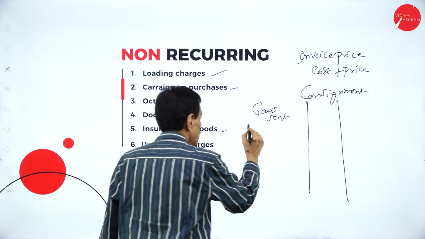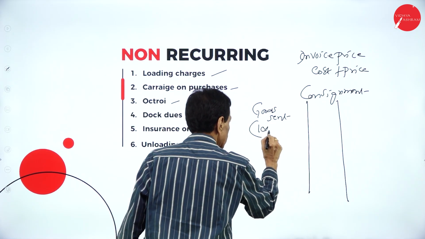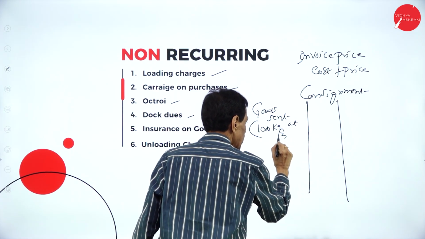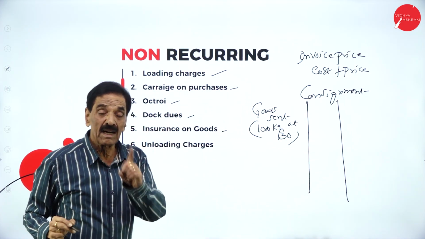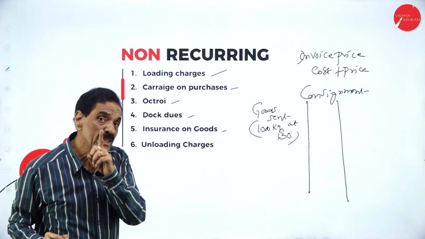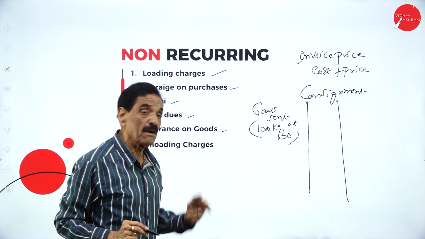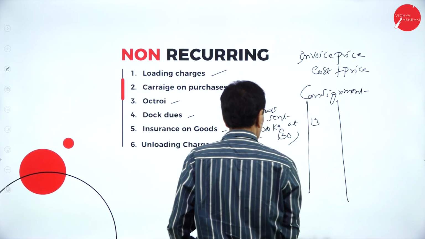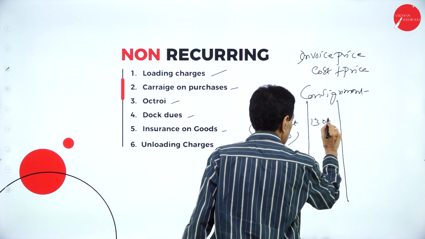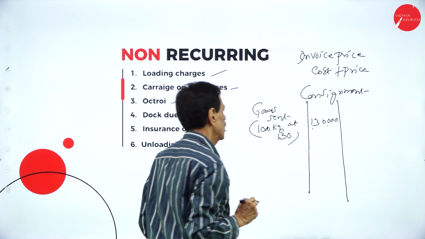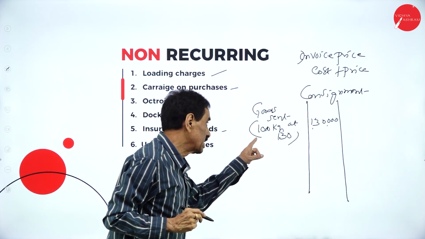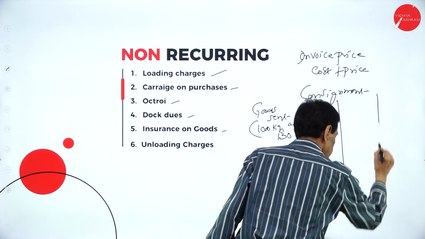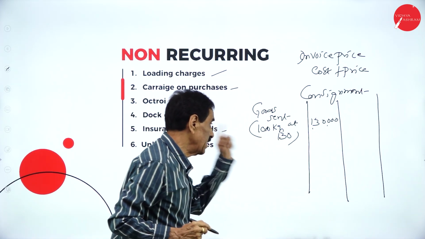Assume you are sending 1000 kgs at rupees 130. The real cost is 100, but we are sending at an invoice price of 130. It includes a profit of 30 rupees. 1000 into 130 is 1,30,000.